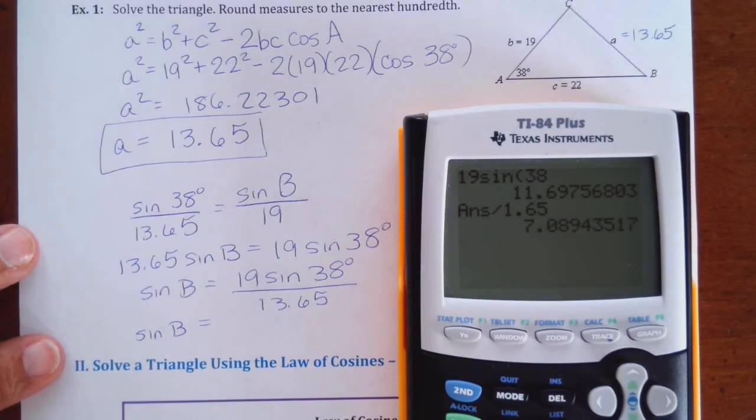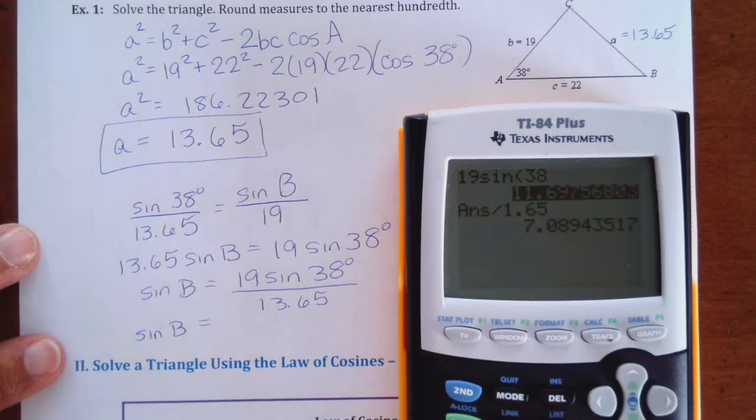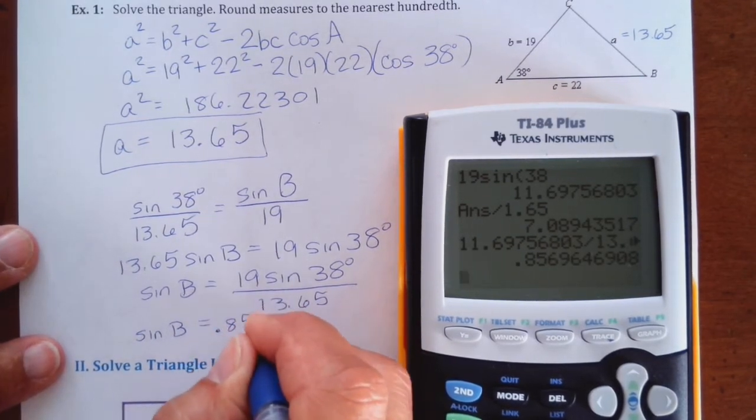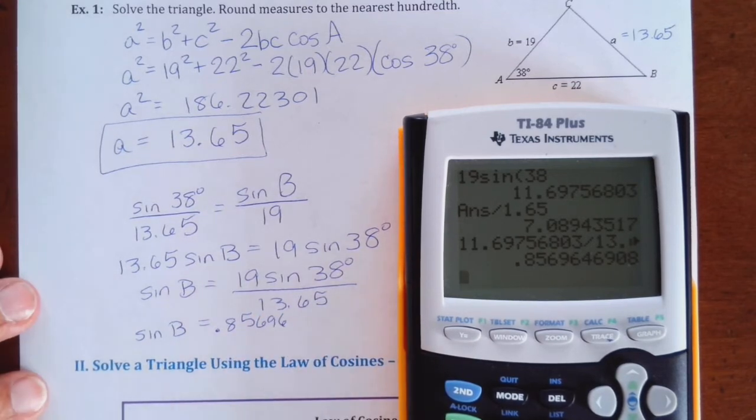Okay. I lost a 3 there, so let me redo that. Take that and divide it by 13.65. There we go. So 0.85696. We'll just round it there.